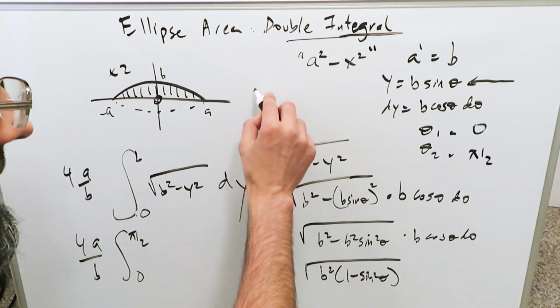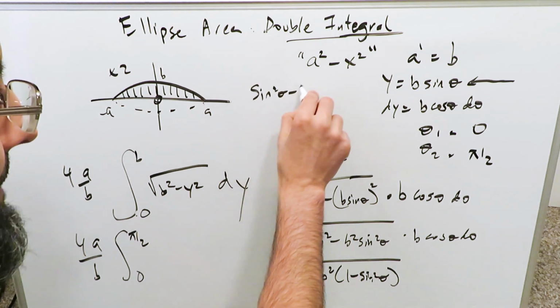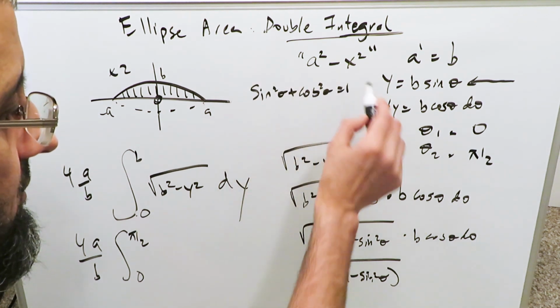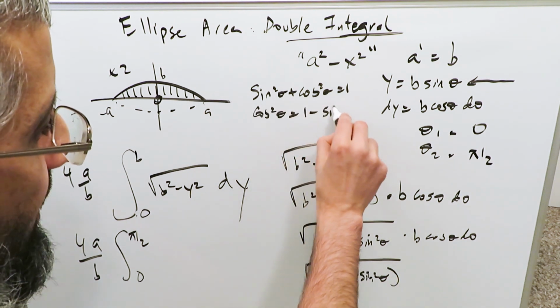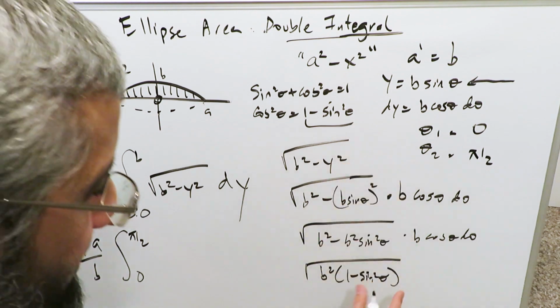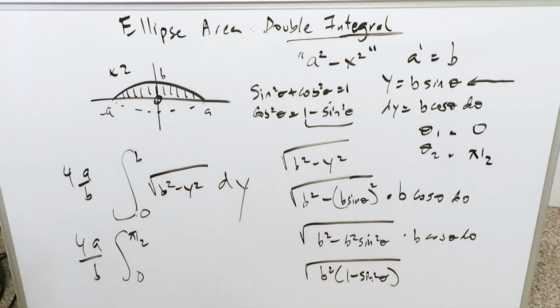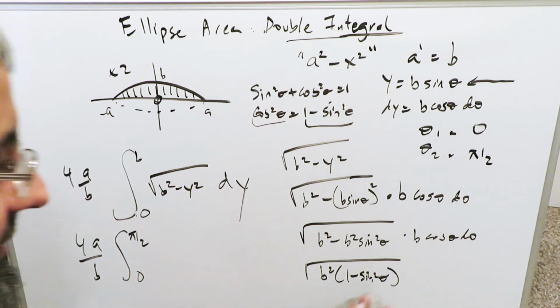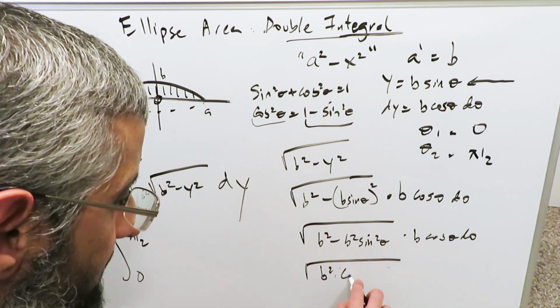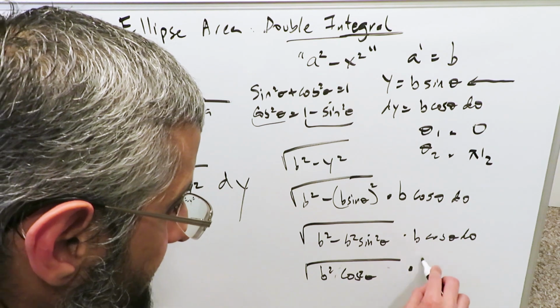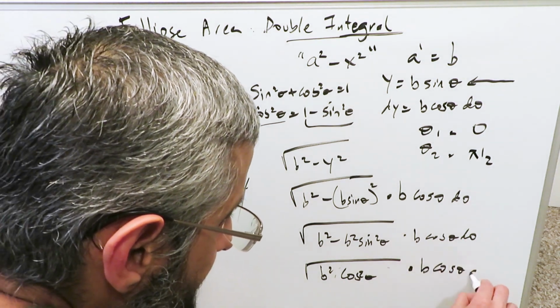Think about this trigonometric identity. Sine square theta plus cosine square theta is equal to 1. Cosine square theta is equal to 1 minus sine square theta. This 1 minus sine square theta is being shown for you right here. It can be substituted for a cosine square theta. So let's bring the cosine square theta right here. I have in the square root b square cosine square theta multiplying by b cosine theta d theta.